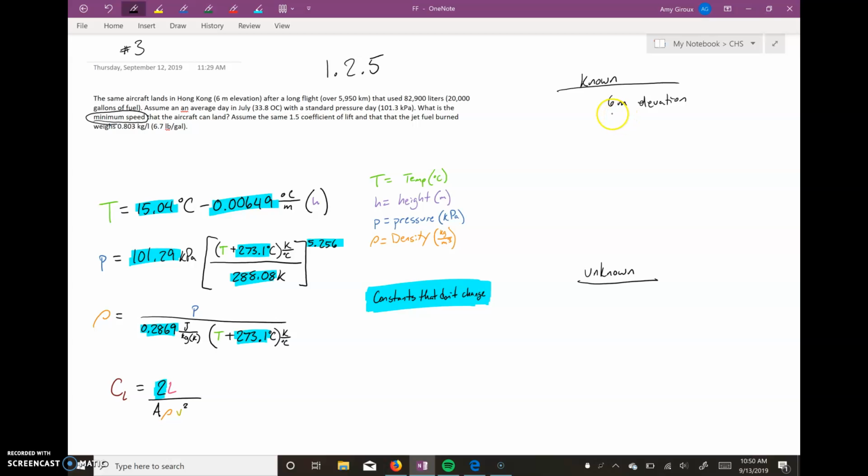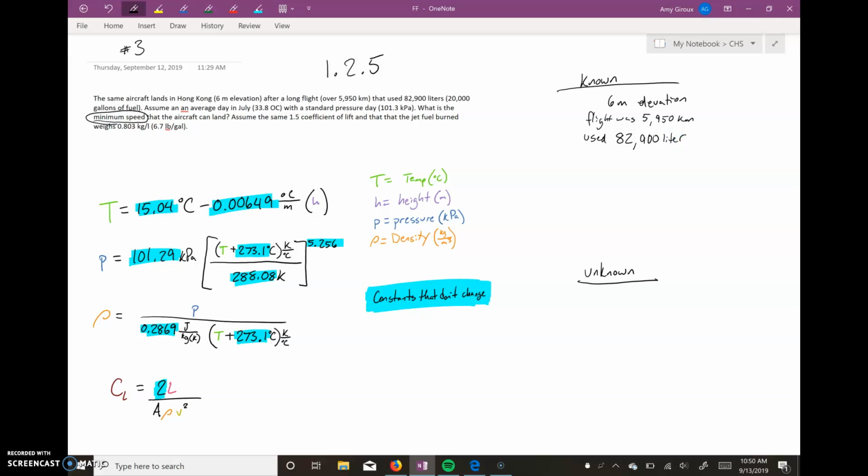We may or may not need that one, but we can write it down. The flight was 5,950, and we used 82,900 liters, which is so much.